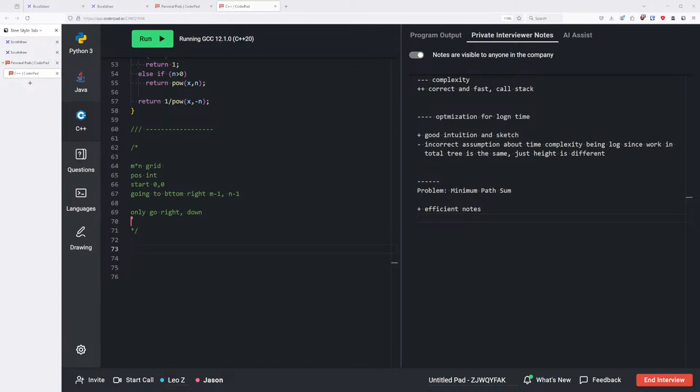We keep track of the maximum or the minimum values between, I guess in reverse, up and left, something like that. Does that make sense?